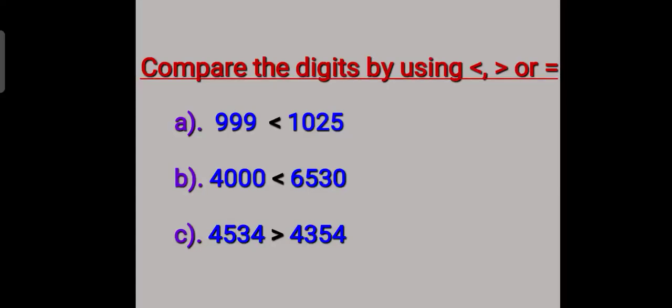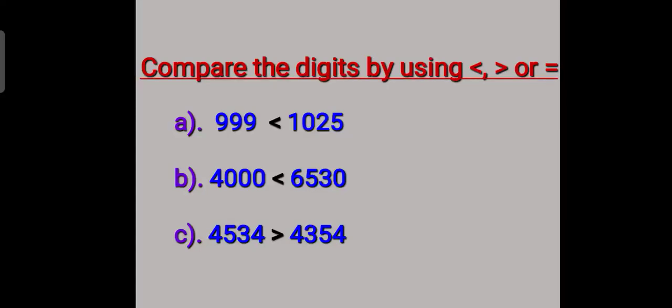Then what can we do? Yes, firstly count the digits. In 999 there are 3 digits. In 1025 there are 4 digits. Now 3 digits is less than 4 digits. So 999 is less than 1025.